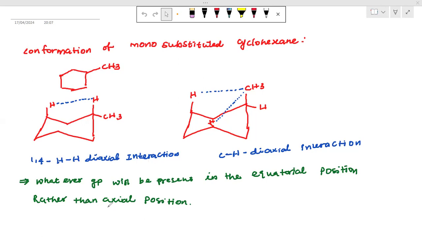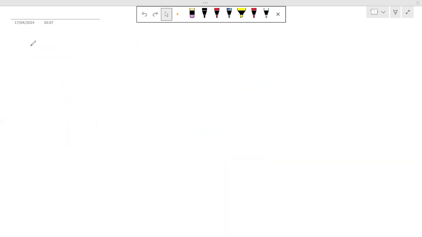Next, let us move on to the conformation of disubstituted cyclohexane. Disubstituted, I move on to the next screen. Conformations of disubstituted cyclohexane.